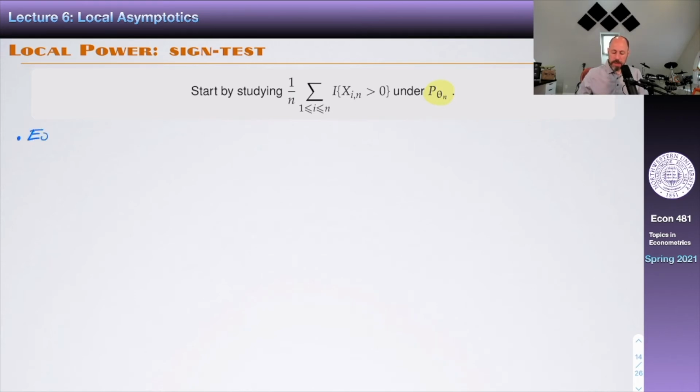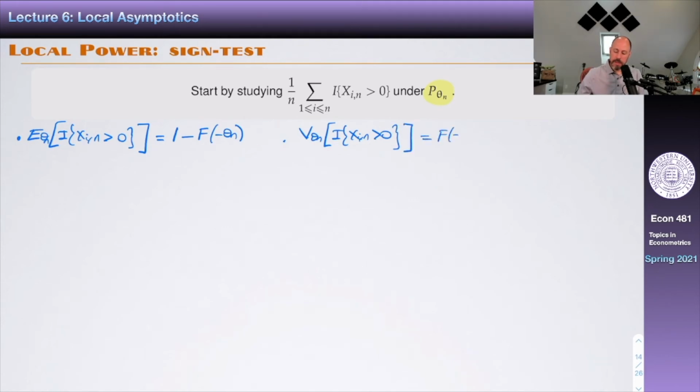We know that the expected value under theta n of the indicator that X_i is greater than 0 is just going to be, again, 1 minus F, now evaluated at negative theta n. So that's that. And then the variance of this indicator is, again, p times 1 minus p, that is F at negative theta n times 1 minus F at negative theta n.